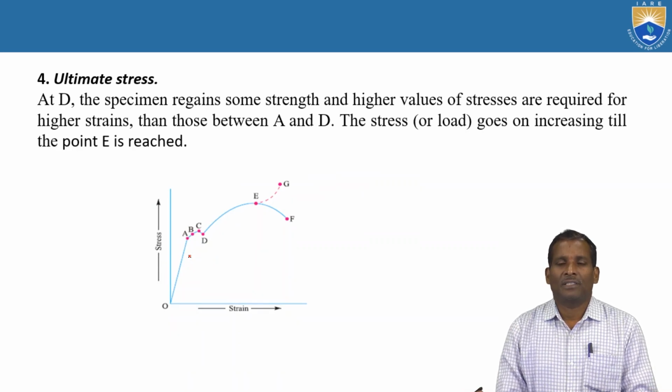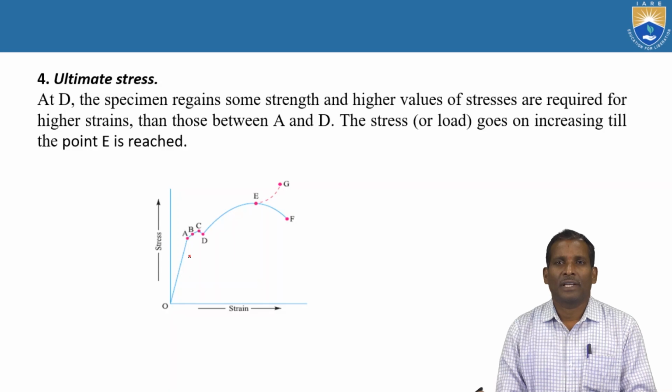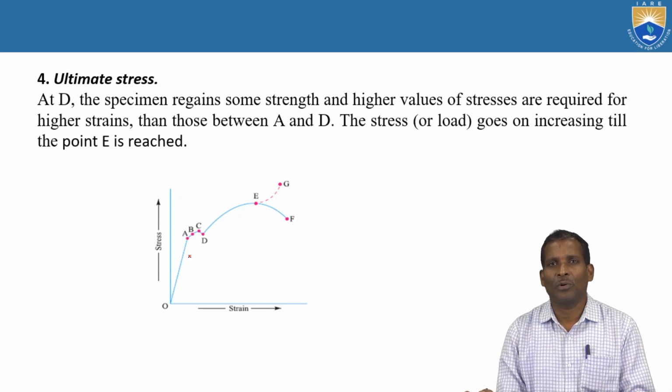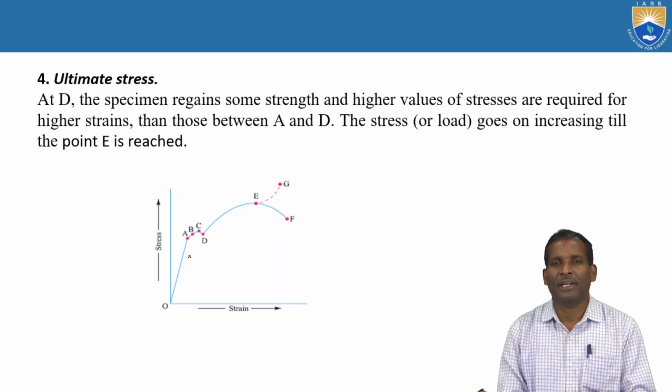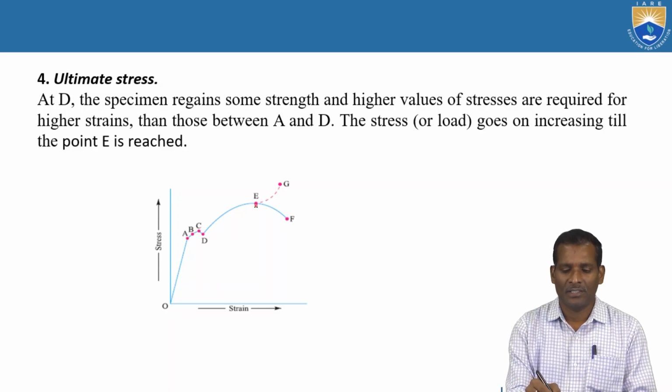The fourth one is ultimate stress. At D, the specimen regains some strength and higher values of stress are required for higher strains. The ultimate stress is the maximum load that the specimen can withstand. Suppose you are gradually increasing the load, until the point E is reached.